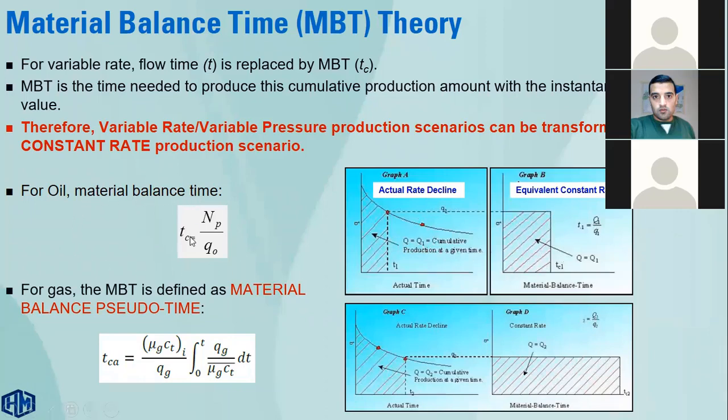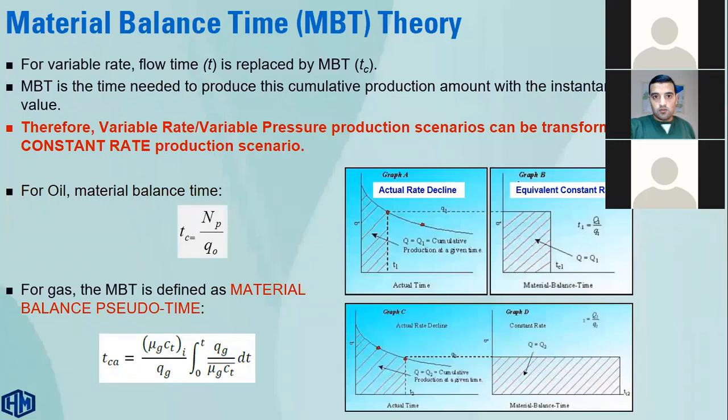For oil, the flowing material balance time, by definition, equals Np over q, the cumulative oil over the oil rate, while for gas reservoirs the material balance time will be the material balance pseudo time, because in the case of gas reservoirs, the gas properties like gas density and gas viscosity are typically highly dependent on pressure.